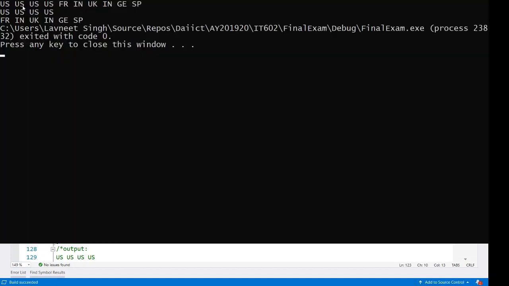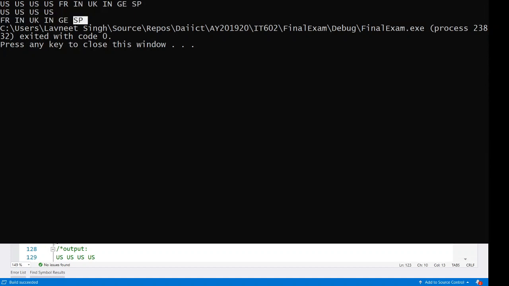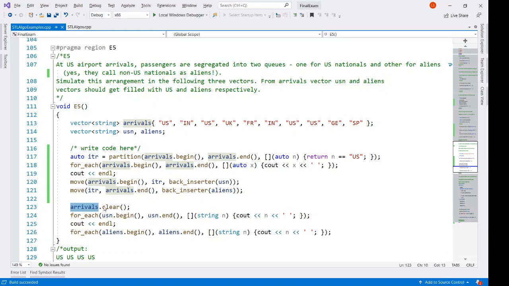So now you see, we have first our partition vector, and then this is the output that is expected. The USN vector is containing only USN, and the aliens vector is containing only non-US nationalities.